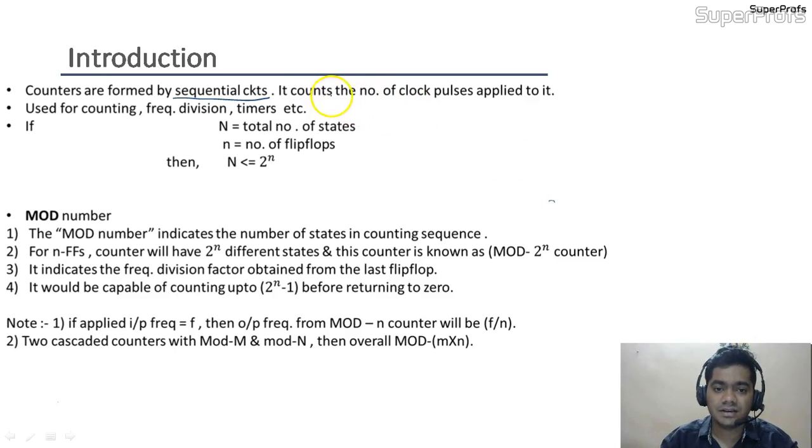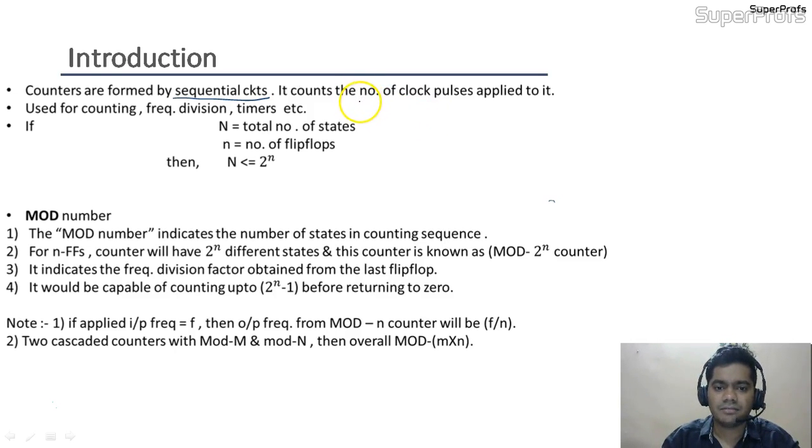It means that a counter counts the number of clock pulses that are applied to it. Like if we are applying 3 clock pulses, then it would count 1, 2 and 3 clock pulses, and so on. If we have more clock pulses, then it would count that number of clock pulses.